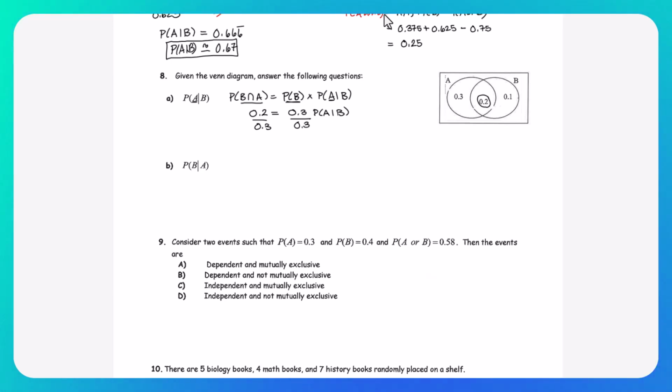In this case, the probability of A given B equals 2/3, or if you put it in our calculator, it is going to give us 0.66 repeating, or in other words, approximately 0.67.